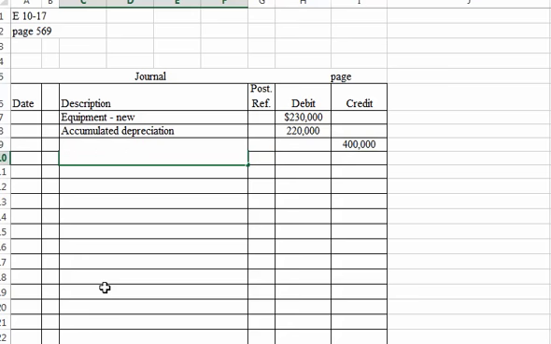We're going to credit cash, an asset that decreased as well, for the amount paid out, $60,000.